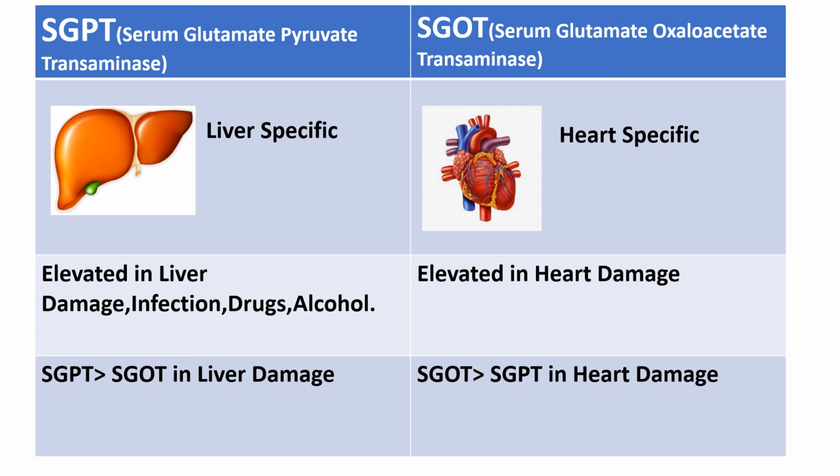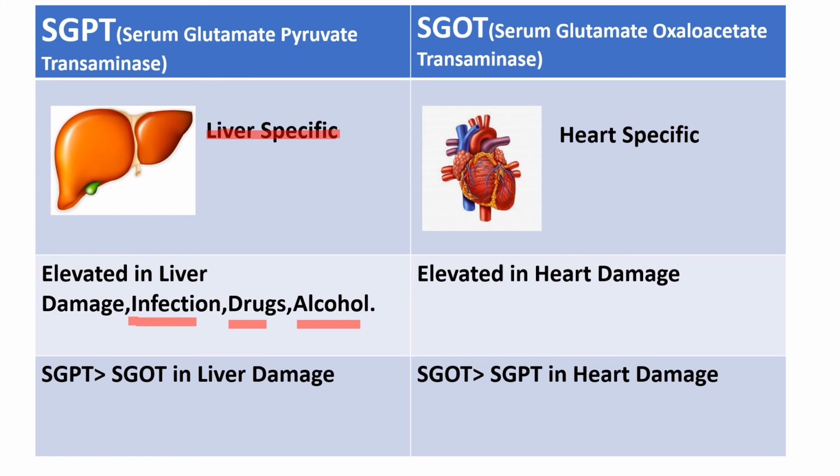Now here you can see that we have SGPT, the serum glutamate pyruvate transaminase, and it is liver specific. Whenever there is damage to the liver, this enzyme is elevated. Whenever there is an infection, inflammation, drug-induced damage or alcohol-induced damage, there is a release of this intracellular enzyme, as it is present in the hepatocytes.